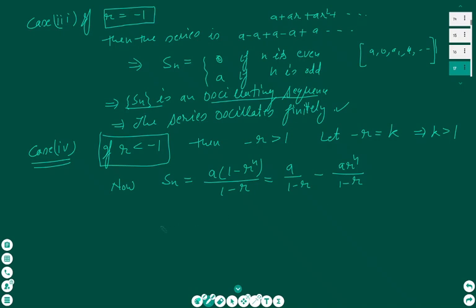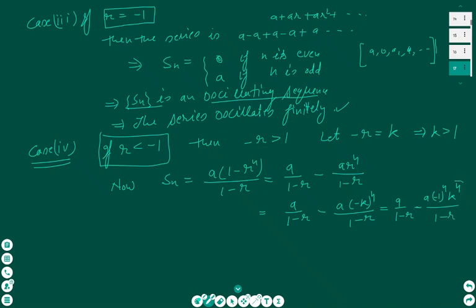And this can be written as a over 1 minus r, minus r can be written as minus k. So this is a into minus k raised to the power n over 1 minus r, all right, which is equal to a over 1 minus r minus a into minus 1 raised to the power n into k raised to the power n over 1 minus r.